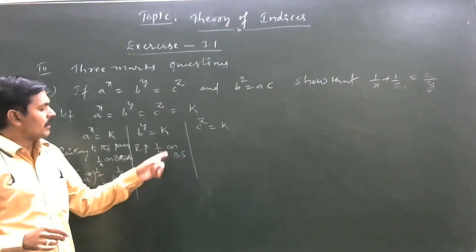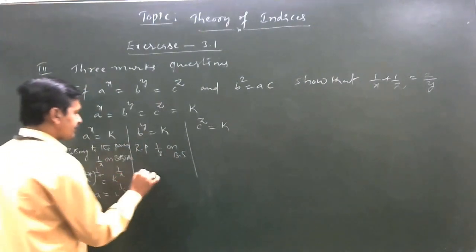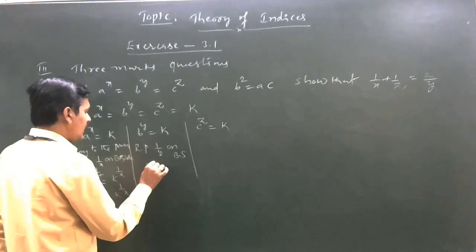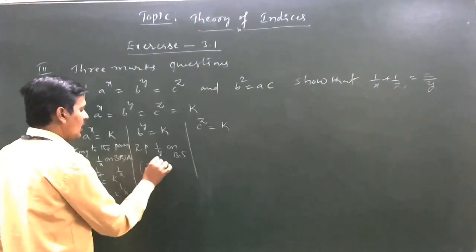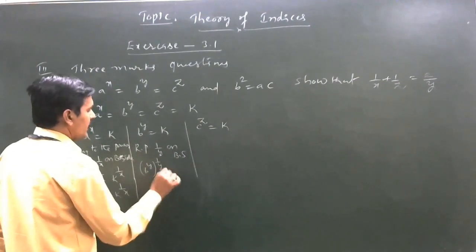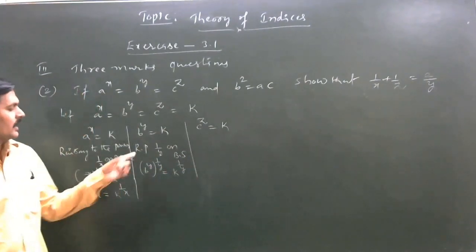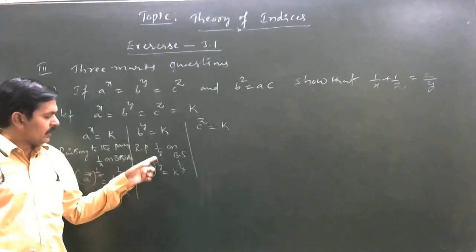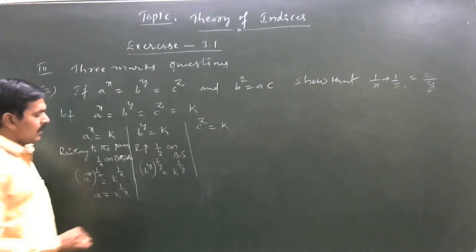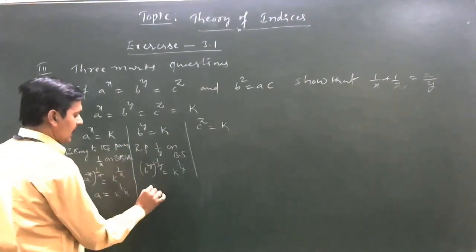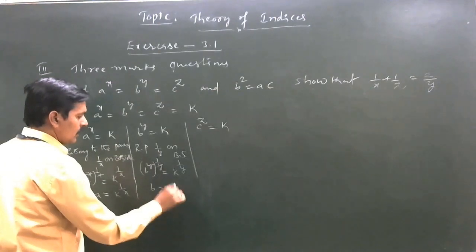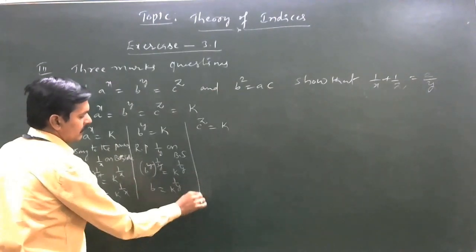So (b power y) whole to the power of 1 by y equals k power 1 by y. Here y gets cancelled, b equals k power 1 by y.